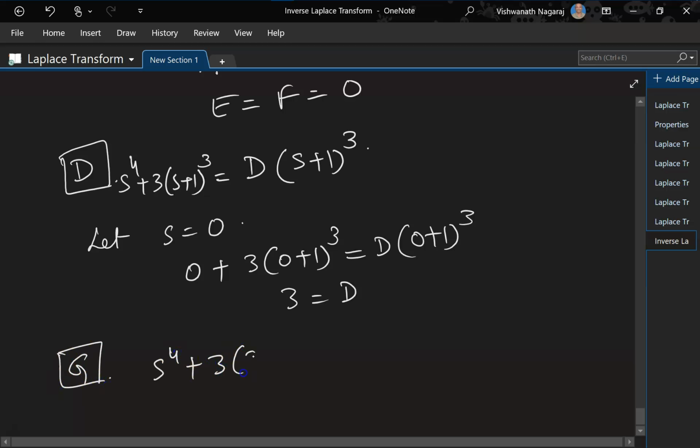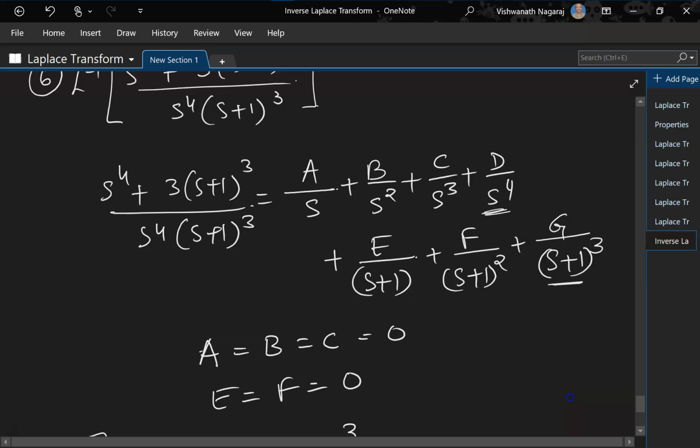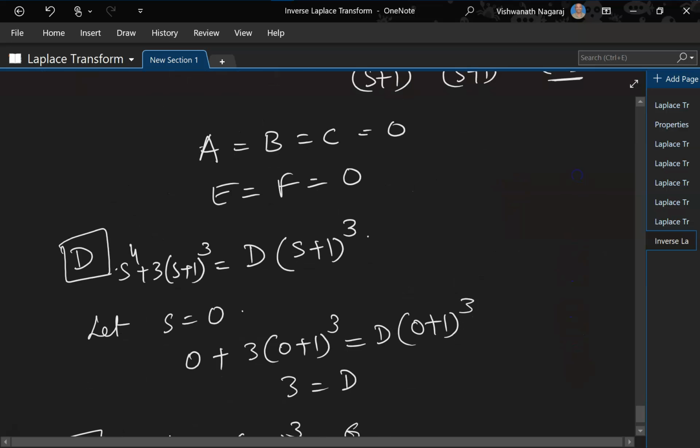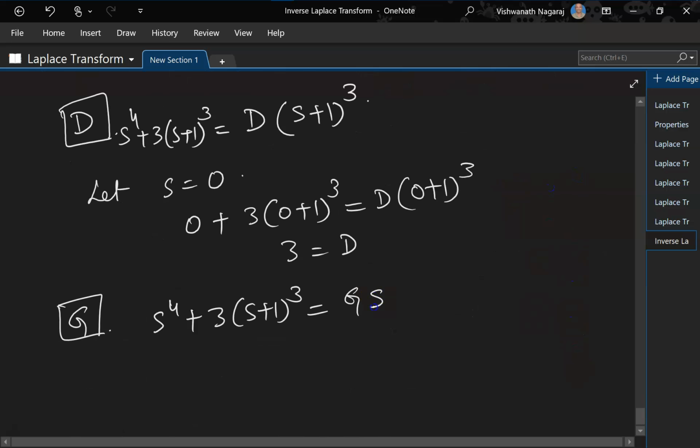Now let's look at g. (s^4 + 3s + 1) cube is equal to g, and in front of it what will be the expression? (s + 1) cube is there, so (s + 1) square is not required, but s to the power of 4 will be required. So this would be g s^4. Now we can try to make this 0. So s equal to minus 1.